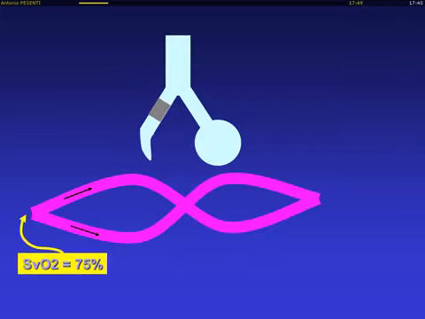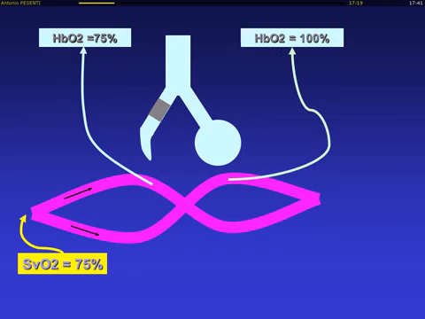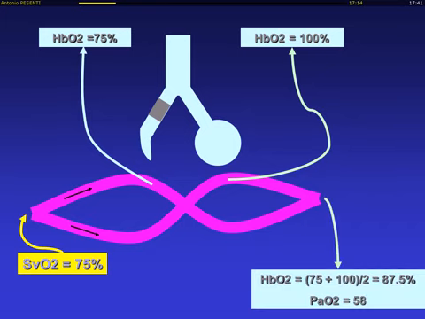If we have a patient with a 50% shunt and 75% mixed venous saturation, the shunt portion of the venous outlet of the lung will have a 75% saturation by definition, while the ideal sector of the lung will have an outlet of 100%, so the arterial saturation will be 87.5%, with a PO2 of approximately 58.